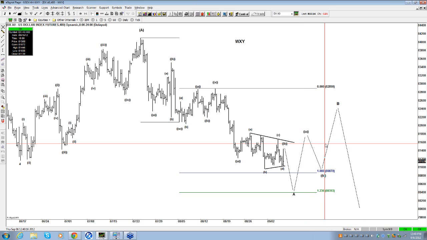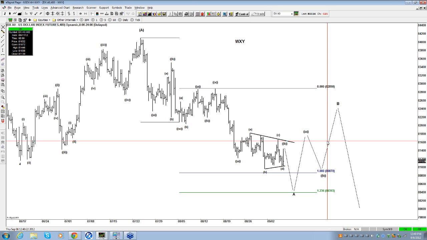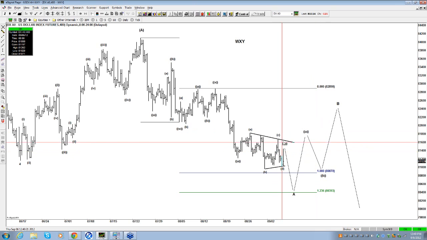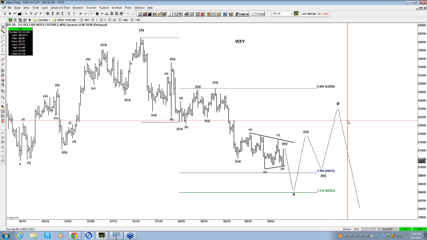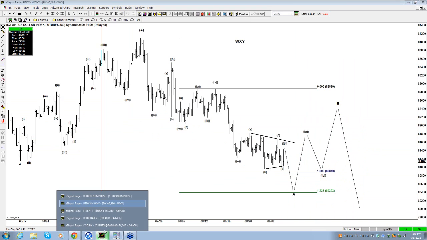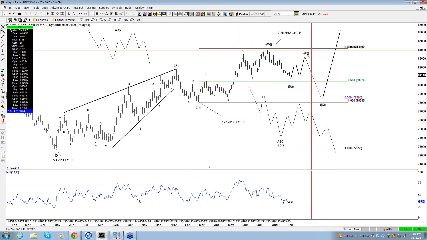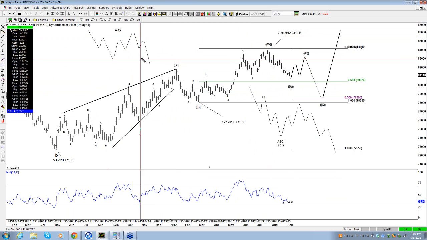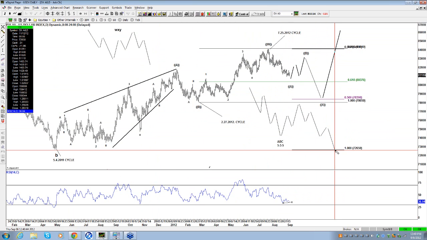But we know what we're doing at that degree, and we won't have any issues. So be aware that one of the two scenarios is present. Again, on the daily chart, it's either this one or it's going to do the impulse. We should know very soon.